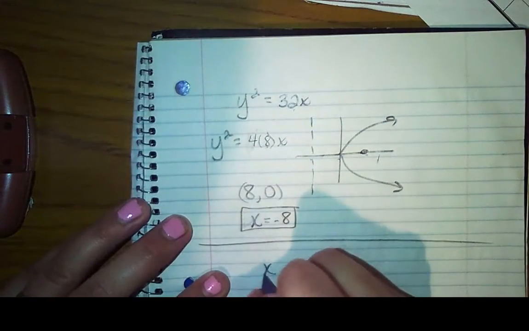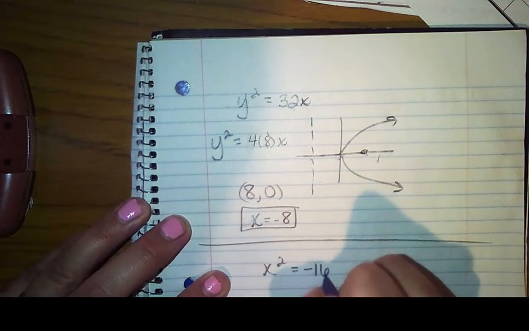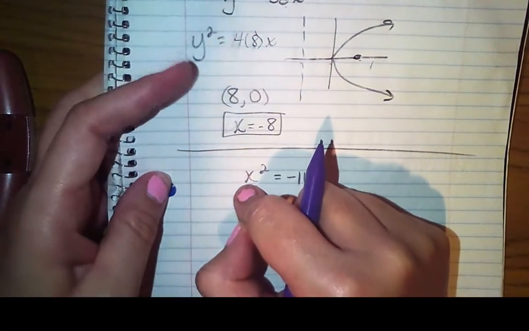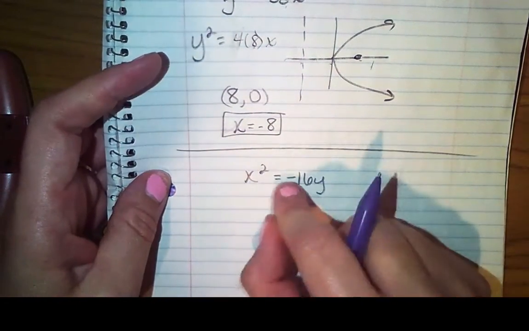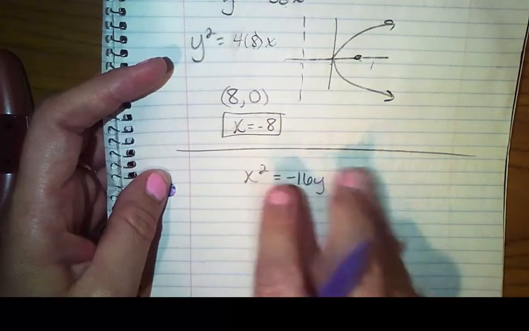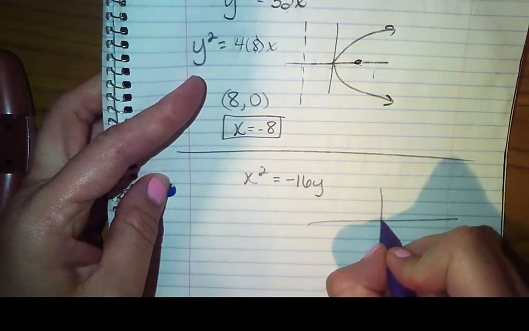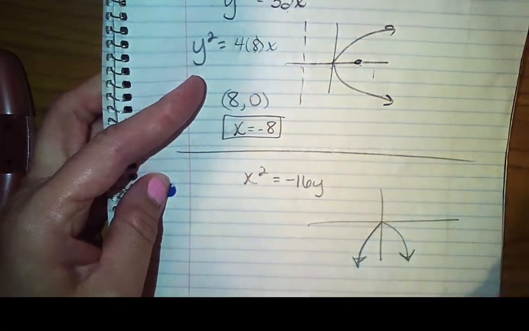Okay, let's do a couple more. I've got x squared equals negative 16y. My x is being squared, so it opens up, down. It's negative, so it opens down. Nothing's being added or subtracted, so it's going to open down from 0, 0.